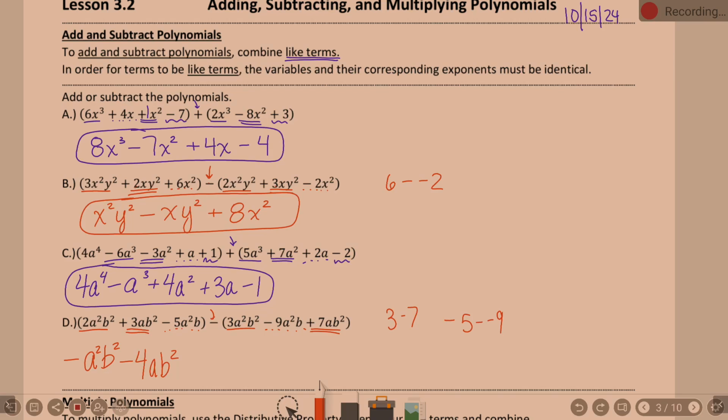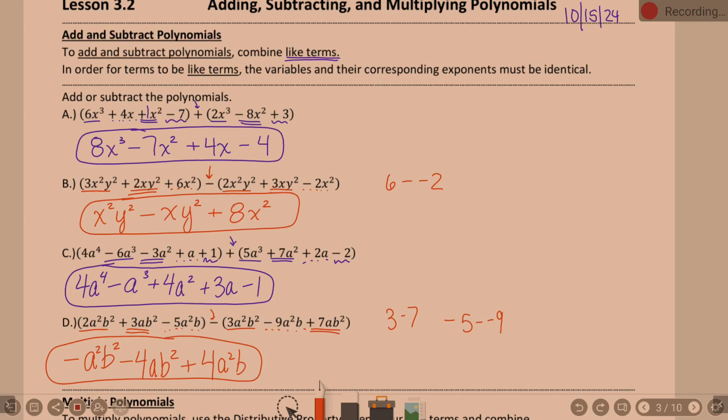And so that does become -5 plus 9. So plus 4A squared B. Okay. We got the basics of adding and subtracting down, yes? Look for those like terms. Exponents have to be identical. Okay? Be careful as you do that, right?